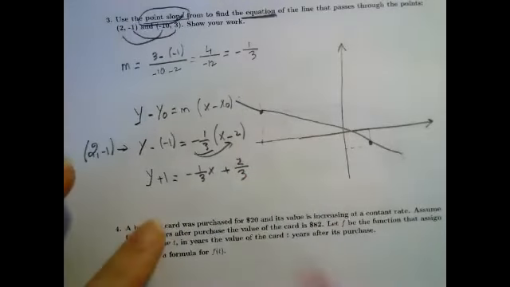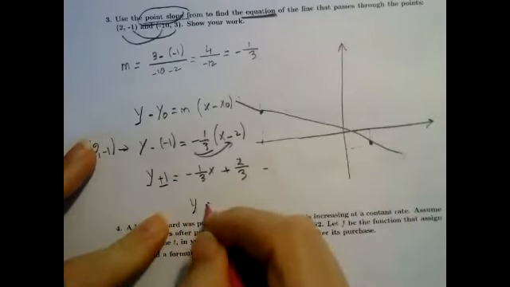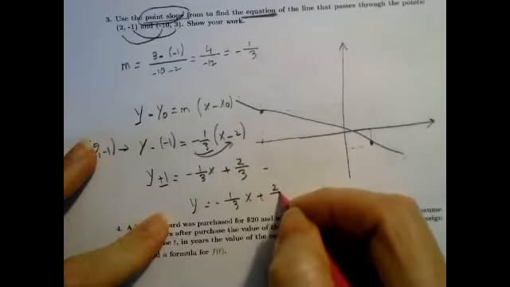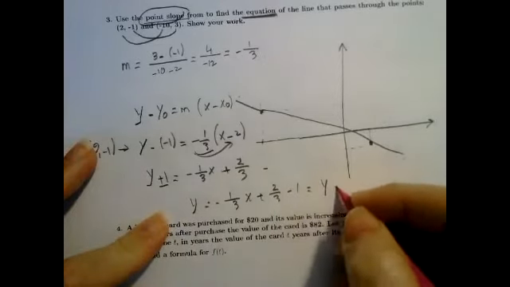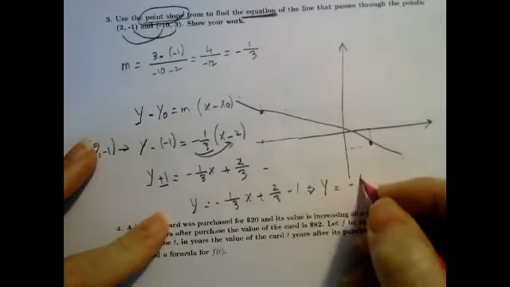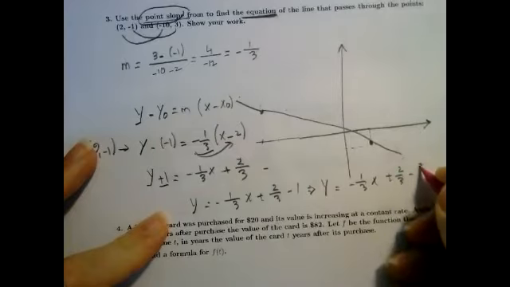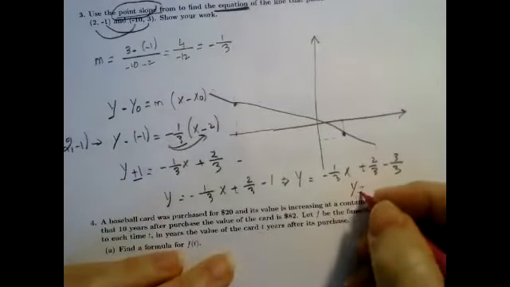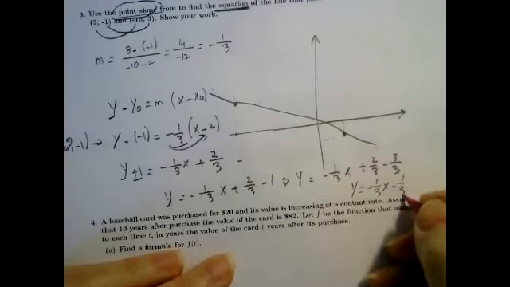And then I take 1 away, I will get -1/3 x plus 2/3 minus 1, common factor, plus 2/3 minus 3/3, and then I will end up with y equals -1/3 x minus 1/3.